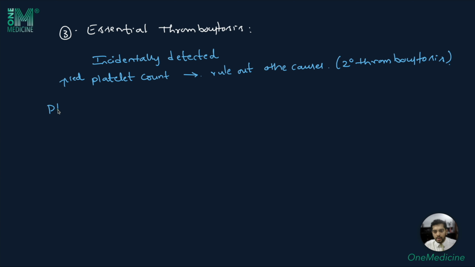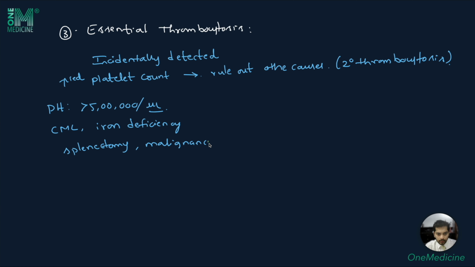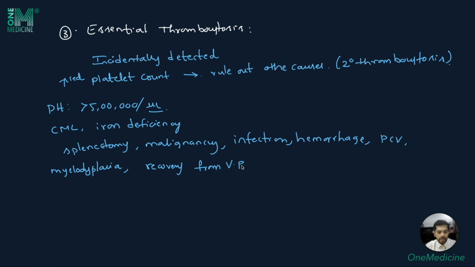As a general rule, the platelet count should be more than 5 lakh per microliter, and causes including chronic myeloid leukemia, iron deficiency, splenectomy, malignancy, infection, hemorrhage, polycythemia vera, myelodysplasia, recovery from vitamin B12 deficiency should be ruled out.